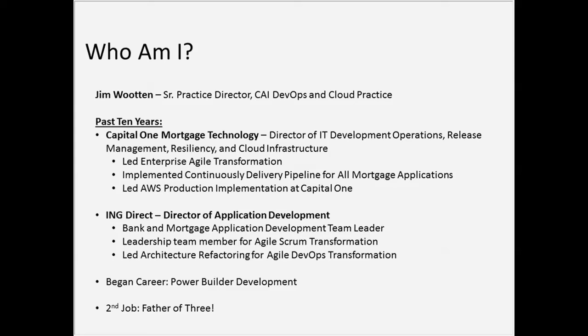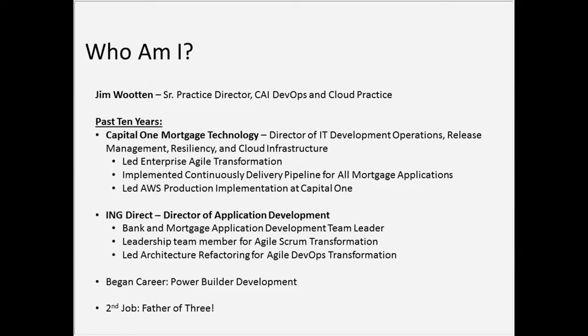And there, I led an enterprise agile transformation. We implemented a continuous delivery pipeline for all of our mortgage applications, as well as led the AWS production implementation for the mortgage business at Capital One. Previous to that, and before Capital One purchased this company, ING Direct, that's where I was director of application development, again in the mortgage space.